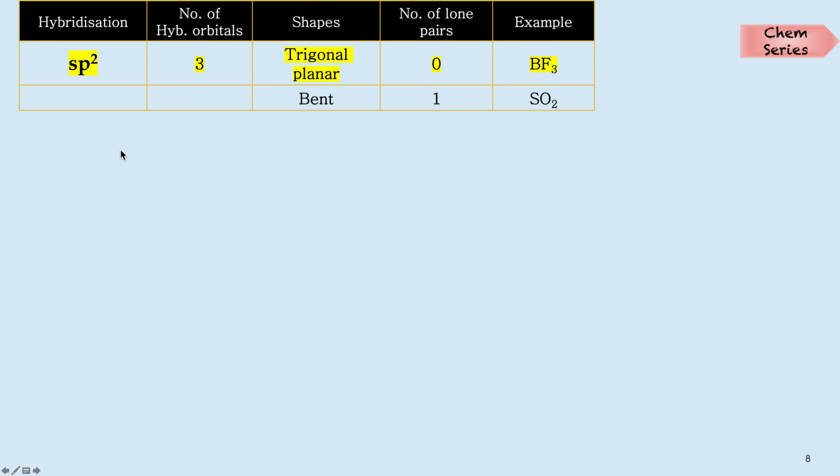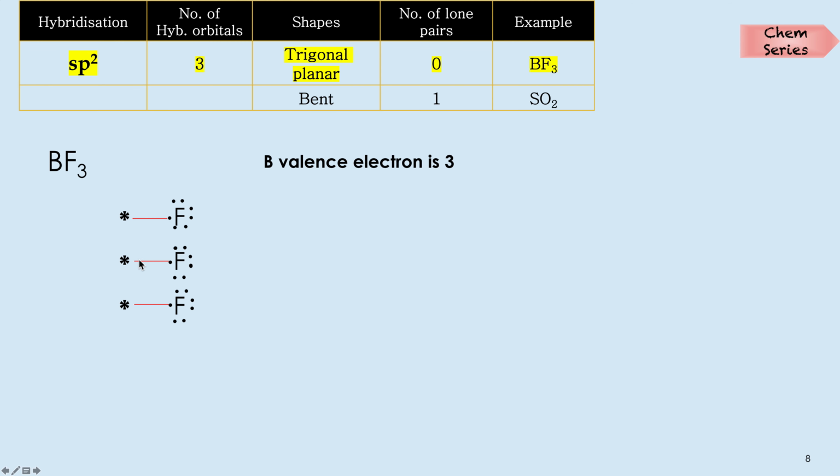The next hybridization is sp2. For example, if we take BF3, boron will be your central atom and its valence electrons are 3. I have written the 3 valence electrons like this, and there are 3 fluorine atoms. Each fluorine atom has 7 valence electrons. So 1 electron from boron and 1 electron from fluorine will combine to form a bond.